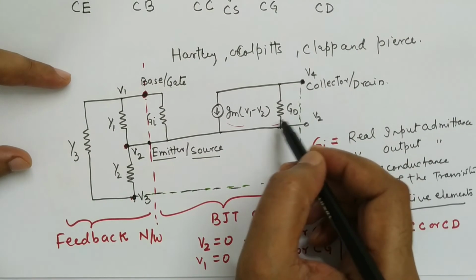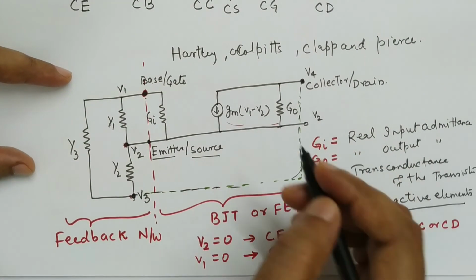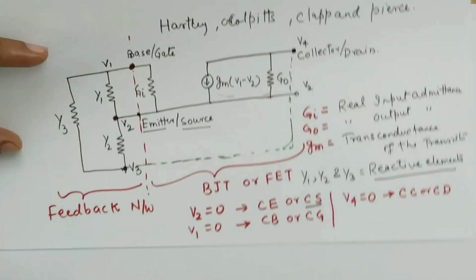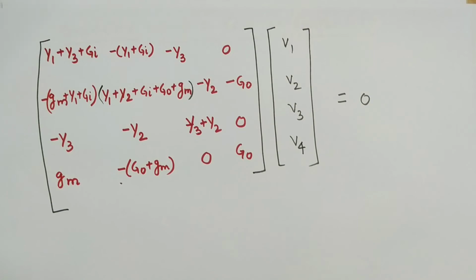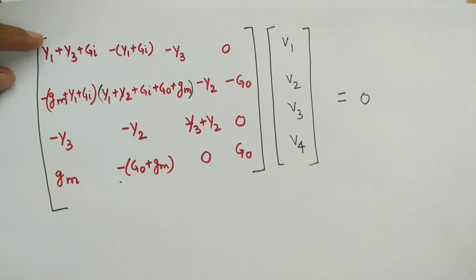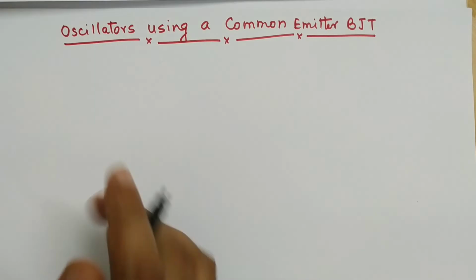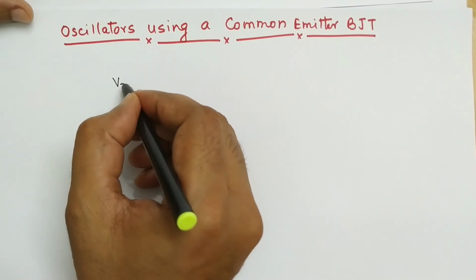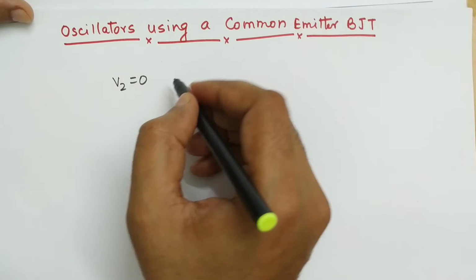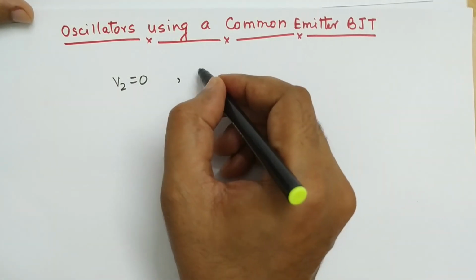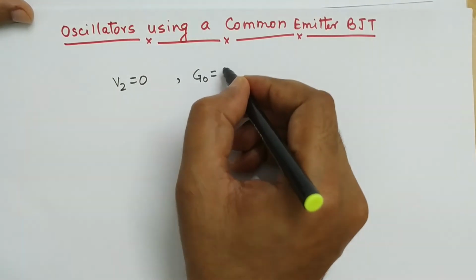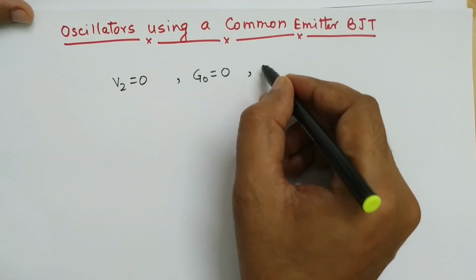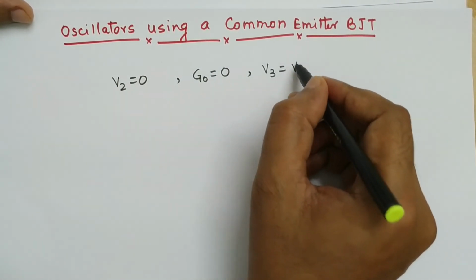So by taking those things into consideration, we are going to simplify the matrix. The first consideration is V2 equal to 0. The second one is G0 equal to 0. And the third one is V3 equal to V4.